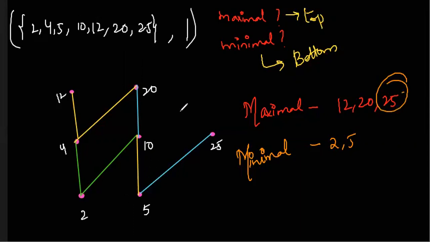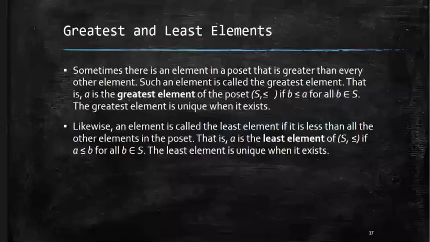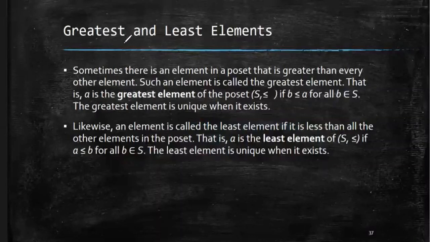Okay. Now the next is greatest element and least element. So greatest and least element, sometimes there is an element in a poset that is greater than every other element. So basically whenever we are speaking about greatest and least element, it is similar to maximal and minimal, but in the case of maximal and minimal you will have multiple maximal and minimal elements.